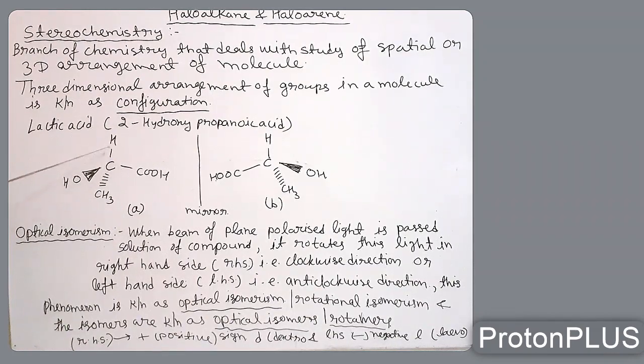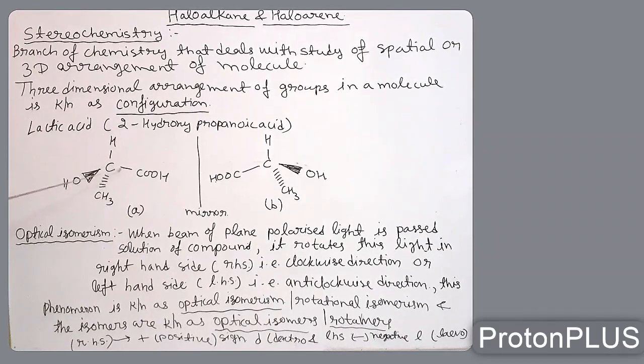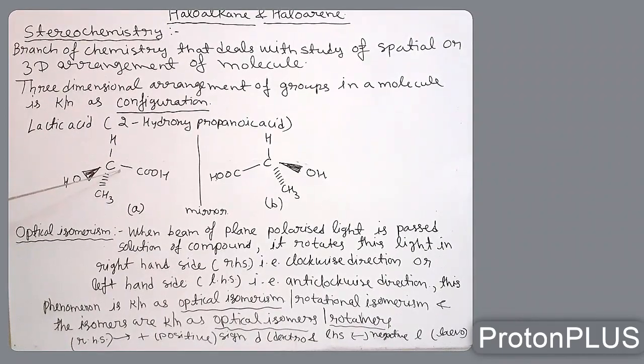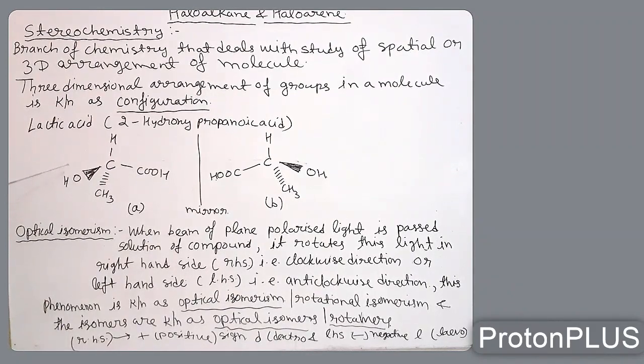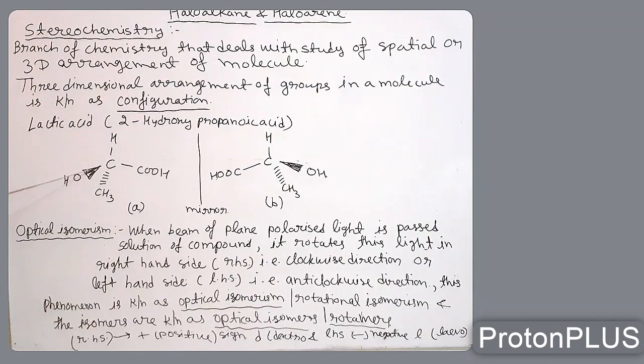That means these two bonds are on the plane. This dark wedge, the group attached is the OH group. It is the bond coming out of the paper, above the plane. And this shaded wedge, the CH3 group attached to it, is below the plane, or away from the observer.